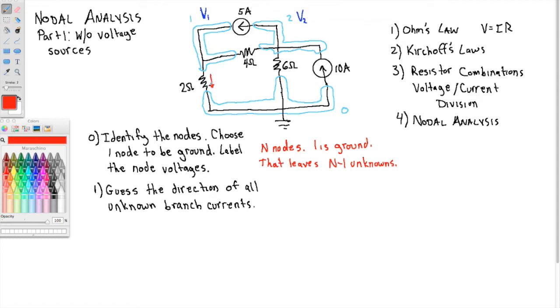You will eventually end up with the correct answer. So I'm just going to guess that the current here is going down. I guess that the current here is going down. We'll say the current here is going to the left. And all the other branches, see, this branch is already given that it's going to the left. This branch is already given that it's going up. So I'm good. That's the end of step 1.